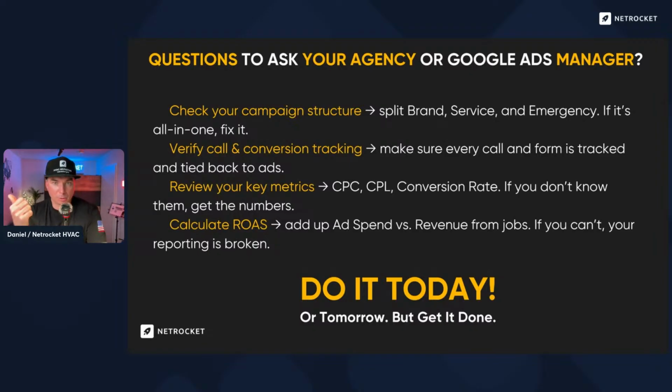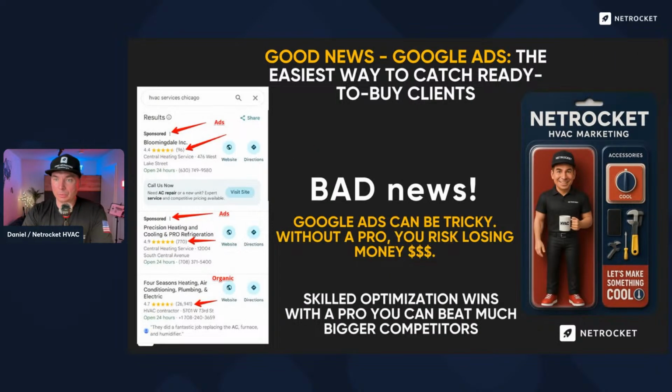What is your cost per click, your cost per lead, the conversion rate at each stage of the funnel, and what are the targets your marketing team has for Google Ads. Then in the end, of course, calculate the ROI. You can do it today, you can do it tomorrow, but just do it, and this will definitely help you get more leads and more jobs.